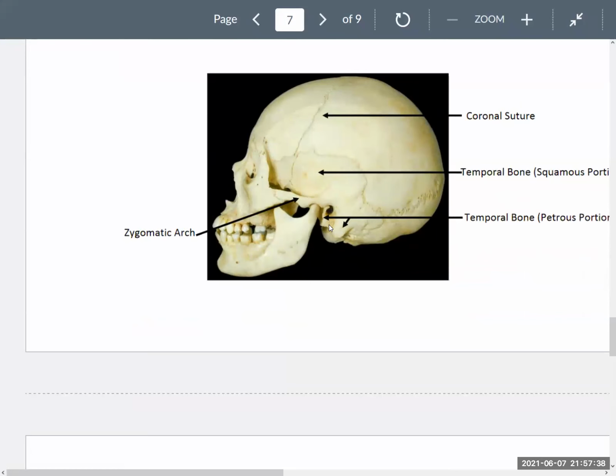The word Petra refers to a city in Jordan, and it's made of stone, carved into stone. These look like rocks, or it's rocky, which is what petrous means. This is the petrous portion. And this, the biggest part, is the squamous portion.